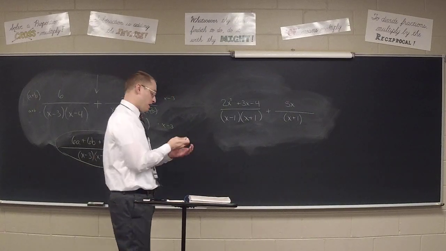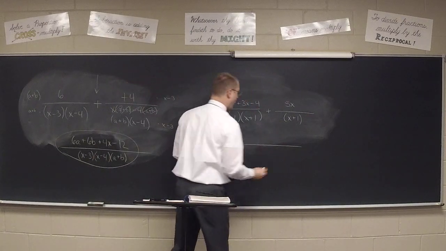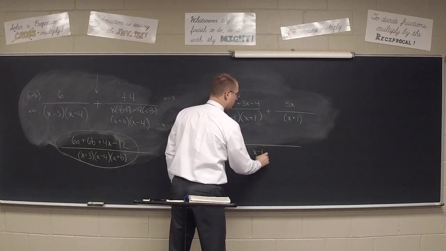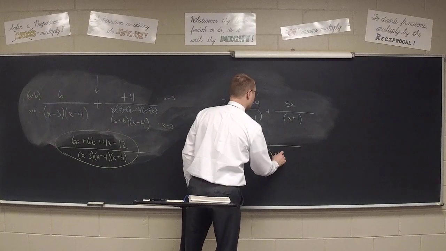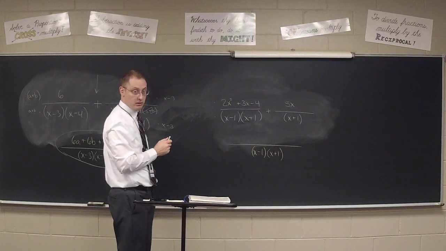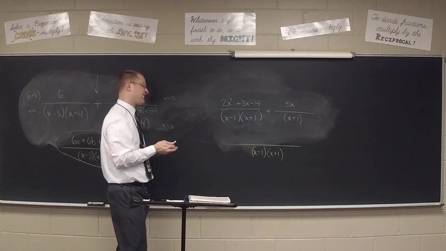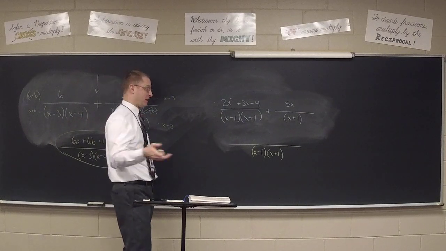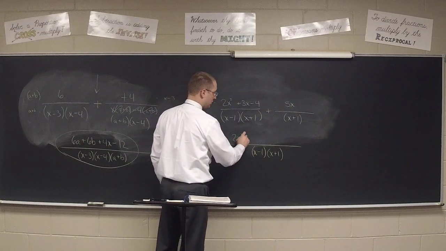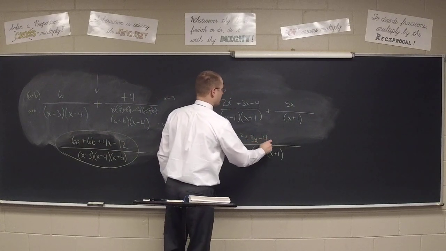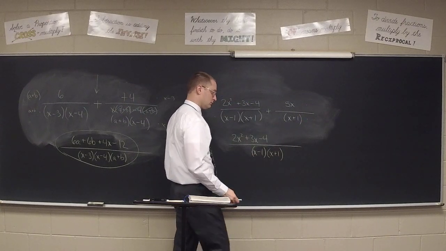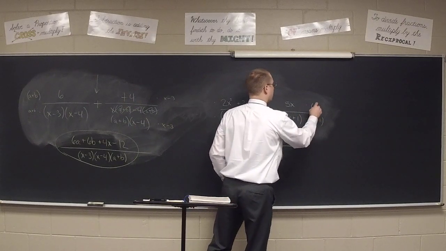So Noah, as we draw our big long line, what's going to go under the big long line? X negative 1, x positive 1. And so here we need to multiply top and bottom by technically 1. Really nothing. We don't need to worry about it, right? Just copy down 2x squared plus 3x. Yeah, nothing changed. Here we need to multiply top and bottom by x negative 1.